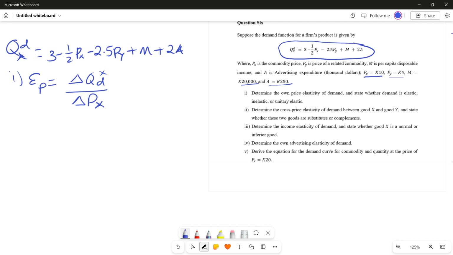So what we're going to do is go back to our function. Quantity demanded is equal to 3 minus half PX less 2.5 PY, plus M plus 2A.